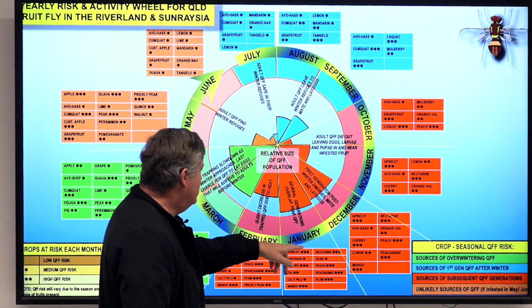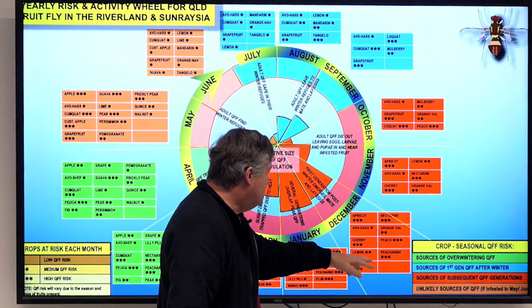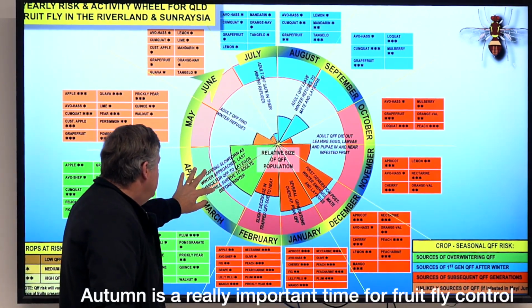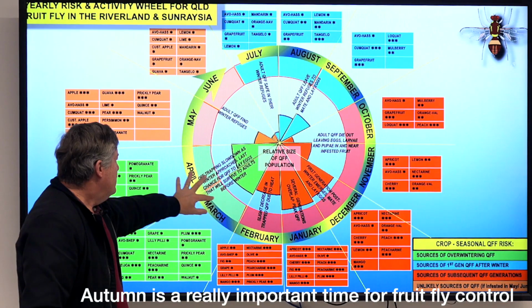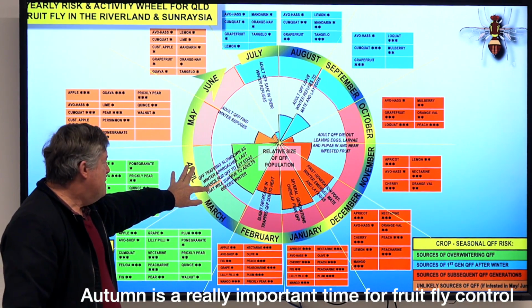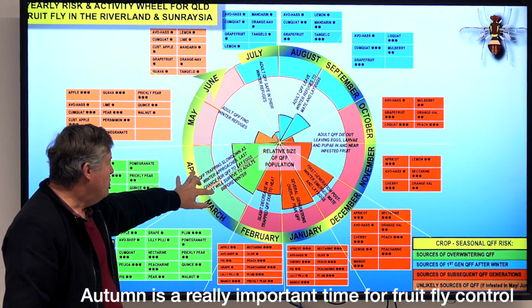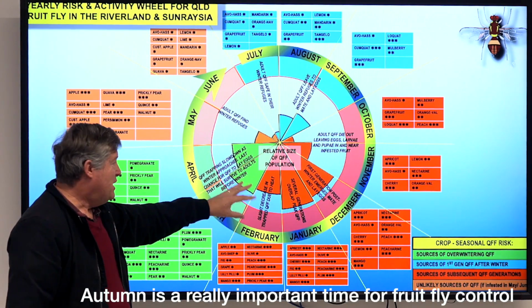One of the interesting things about flies over the season is that it's the autumn flies really that are going to survive the autumn and winter as adults and come out again in spring. So autumn is a really important time for fruit fly control too. In fact, as we all say, the whole year.